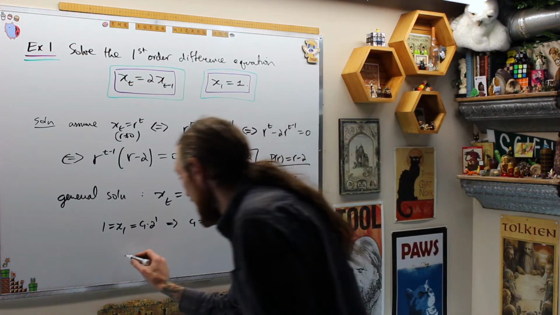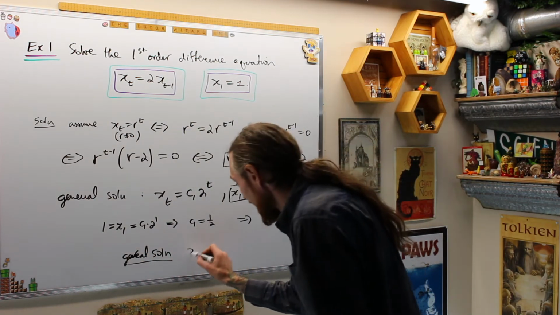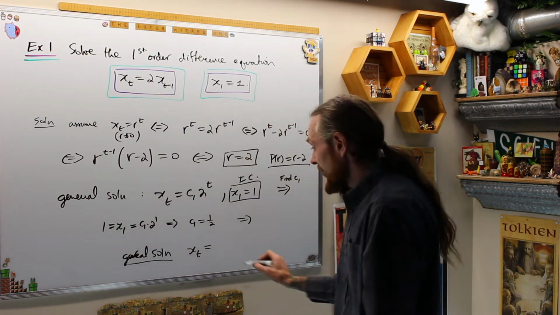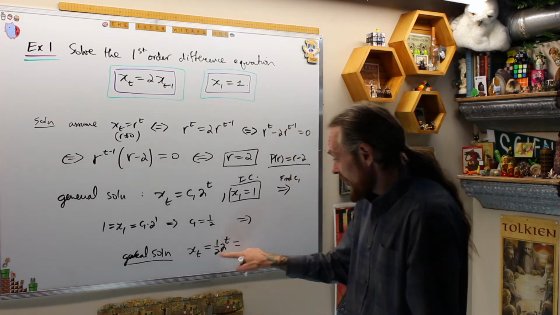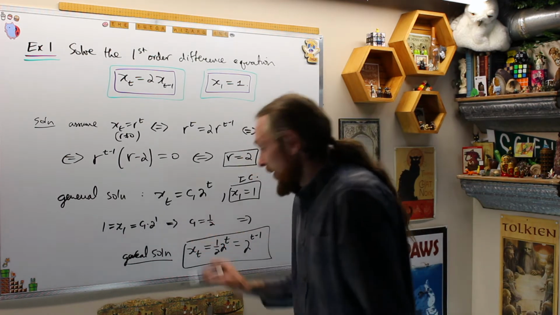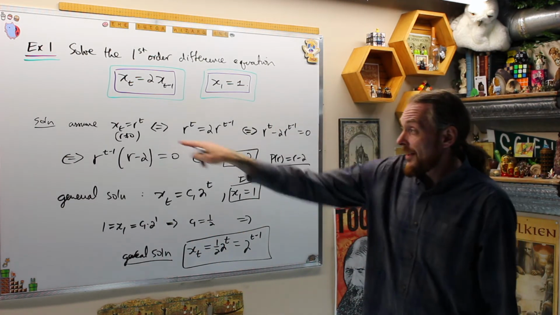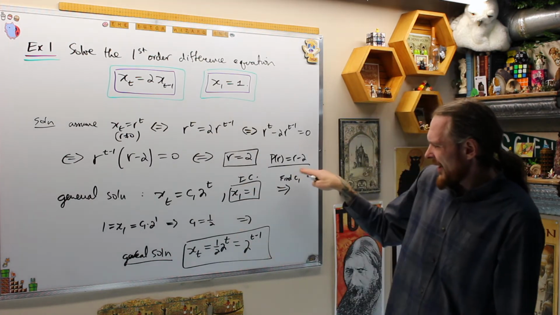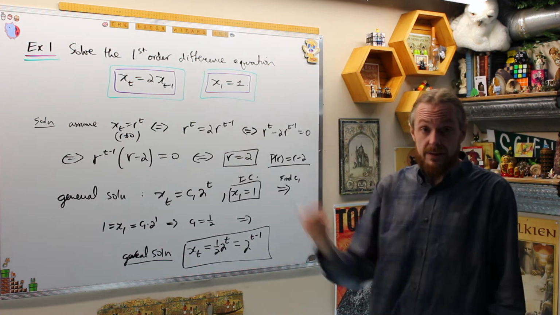So the solution with the initial condition specifically is x_t = 1/2 times 2^t, which is coincidentally 2^{t-1}. This is how we solve, using the initial conditions and this clever substitution, or the characteristic polynomial, to find the general solution to homogeneous difference equations.